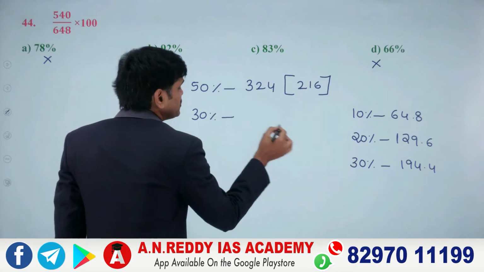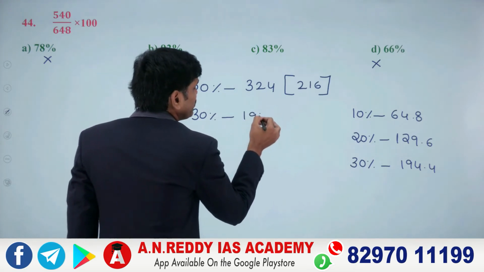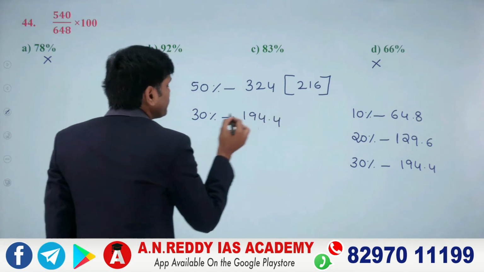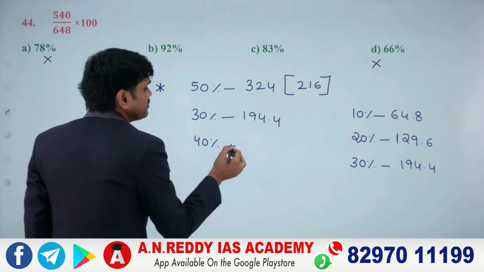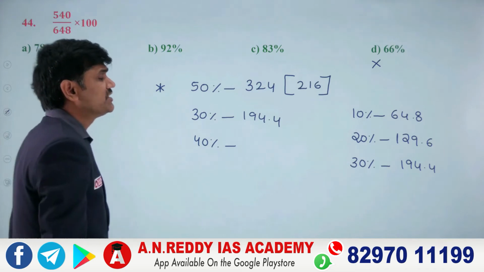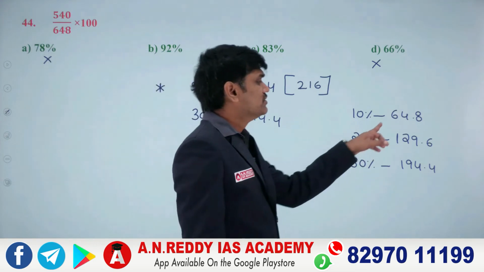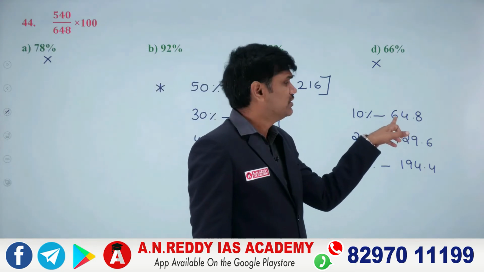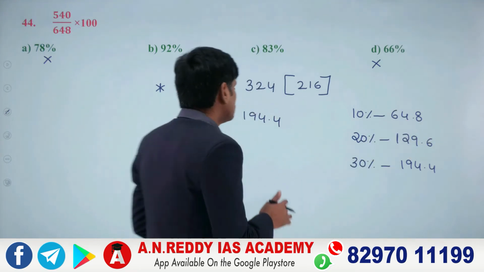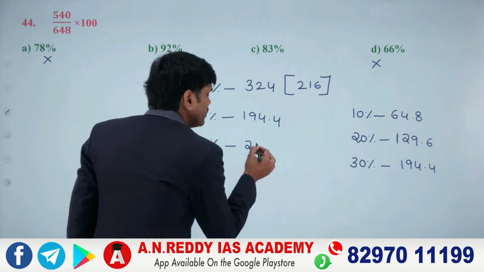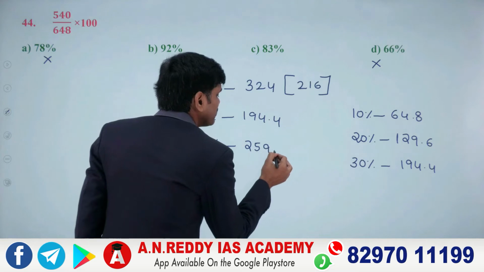30% is nothing but 194.4, you can go for. Whereas 40% you cannot go for, because 40% of this means 4 times, na. 240 plus 16, 256 plus 3.2, so 259.2. 40% I cannot go for.